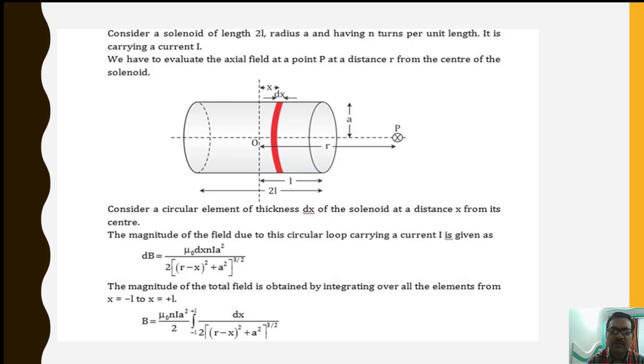The magnitude of the total field is obtained by integrating over all the elements from x equal to minus L to x equal to plus L. As we see from the diagram, this solenoid is symmetric about the point O. So B equal to mu 0 n I a square by 2 integration from minus L to plus L dx upon (r minus x) square plus a square whole power 3 by 2.